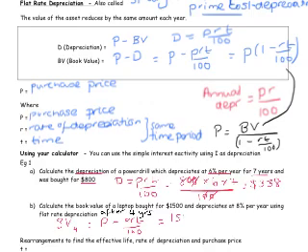So it's $1,500 minus 1,500 times 8 times 4, all over 100. That's 15 times 8 times 4, 60, so 480. 1,500 minus 480, so the book value, I'm running out of space, is $1,020.